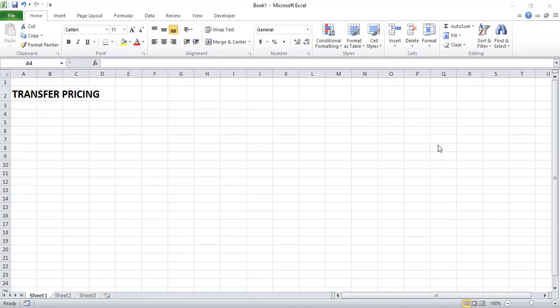They are all owned by one company. So now the furniture manufacturer needs to buy wood from the wood manufacturer, right? Now the issue is, at what price should the wood division sell their wood to the furniture manufacturing division?